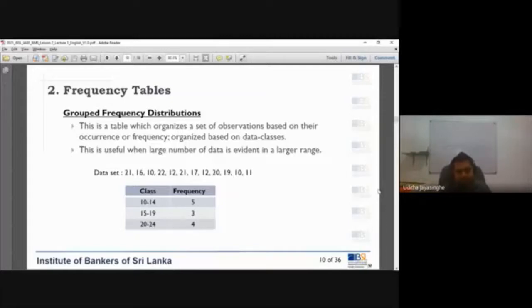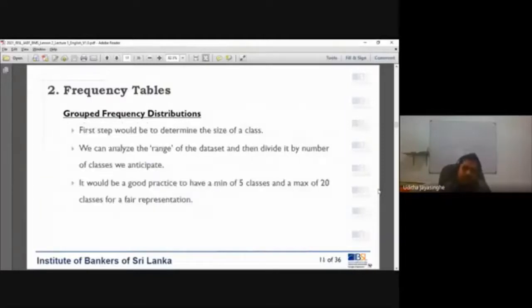And 15, 16, 17, and 18. Again, another 4. 20 to 24, again, another 4. That is what is meant by the size of the class.